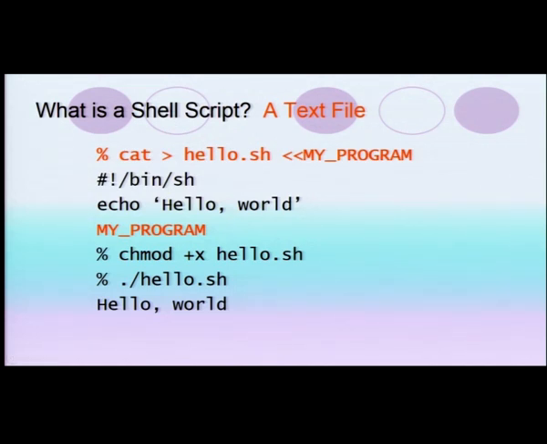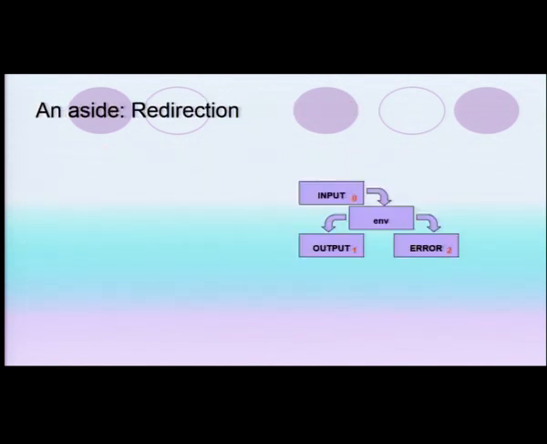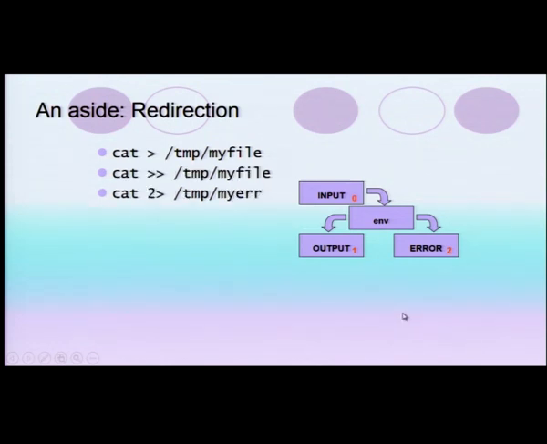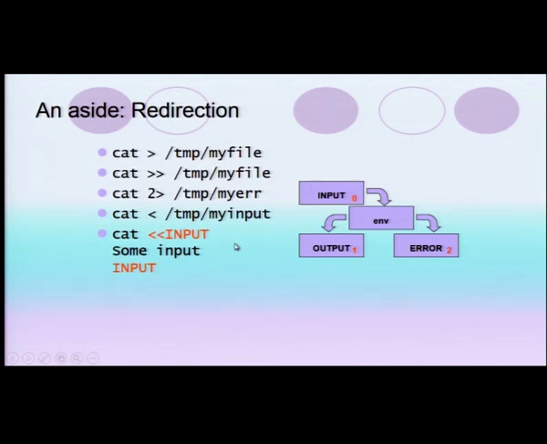A text file called myprogram has this much in it, and the redirection is becoming obvious. Input to cat, temporary my file, it goes to the environment file. How does it do that? It shows cat < input, some input, and you get the input file.